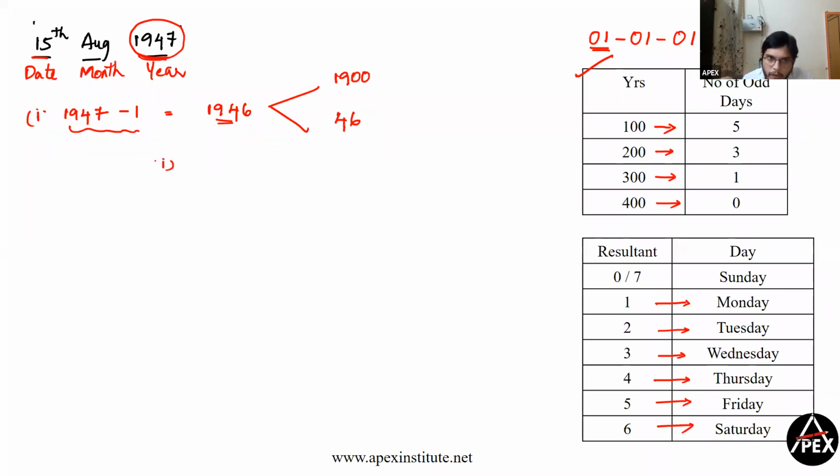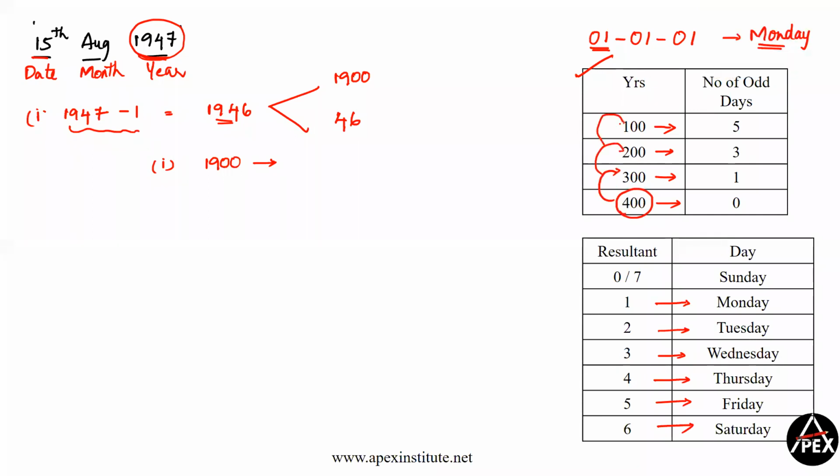Now first I will consider 1900. How many 400 years can I accommodate in 1900? 4. Okay, 4 400s. First let us try to accommodate 400s, then we'll come to 300, then 200, and then 100.